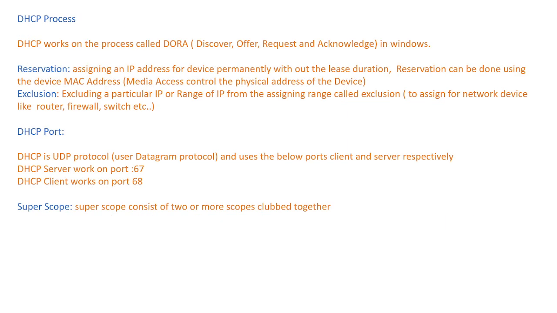Now let us understand how the DHCP works. How will a computer understand whether there is a DHCP server or not? If the DHCP server is there, how will it take the IP address? The DHCP negotiation works on a process called DORA. DORA means discover, offer, request, and acknowledgement.